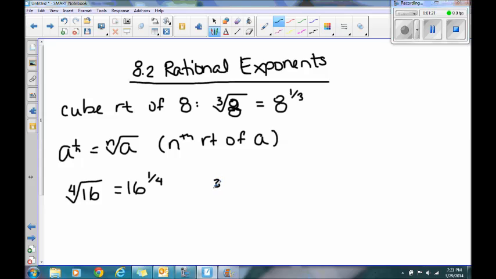If you were asked to find the cube root of x, we would write that as x to the 1/3 power. Or, if you're given y to the 1/5 power, you should understand that what we're asked to find is the 5th root of y, and we could write it using radicals that way.